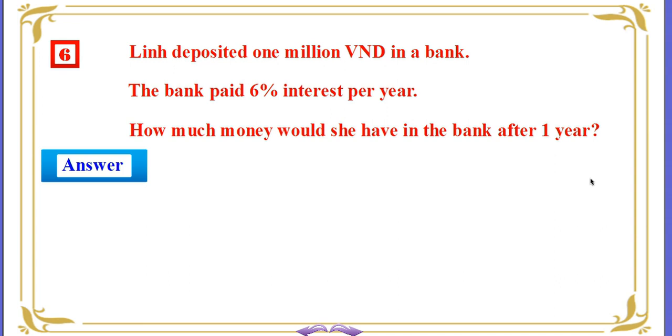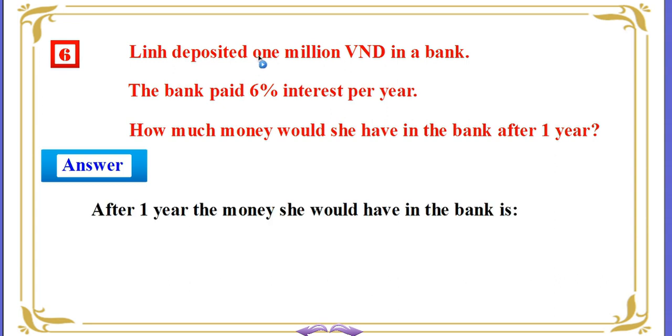After 1 year, she has the money including the deposit of 1 million and the interest. This is the deposit and this is the interest. How do you find the interest?